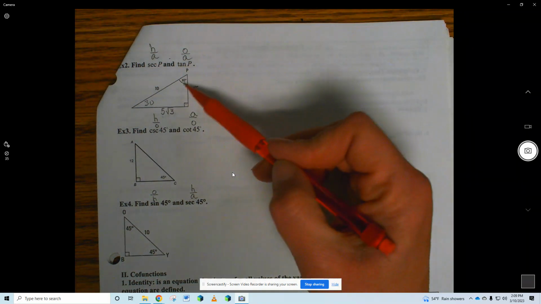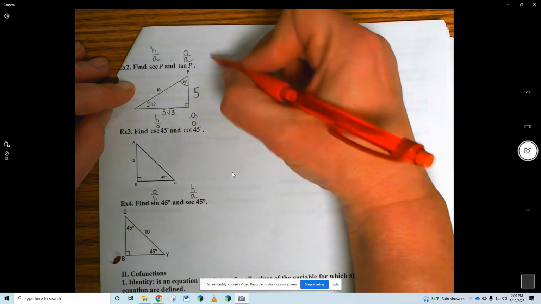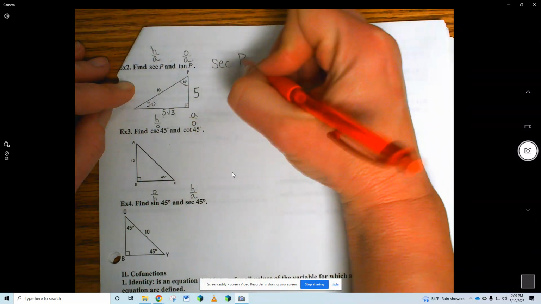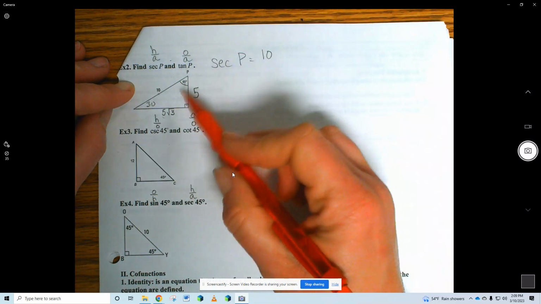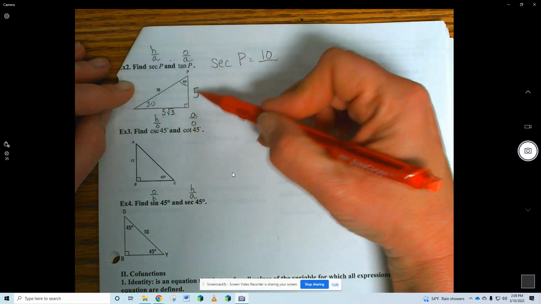Now, if I'm doing secant of angle P, that's going to be hypotenuse over adjacent of 60. I look at the hypotenuse of this triangle. It's 10. And then I look at the adjacent of angle 60, the side right next to it. That's 5.